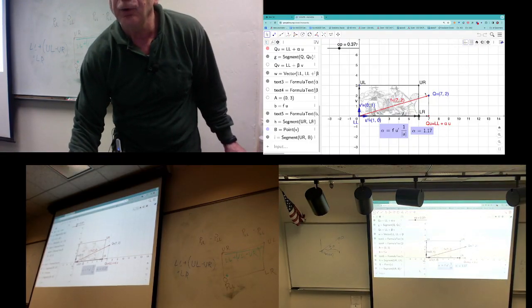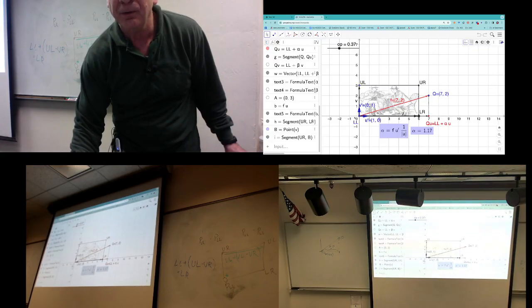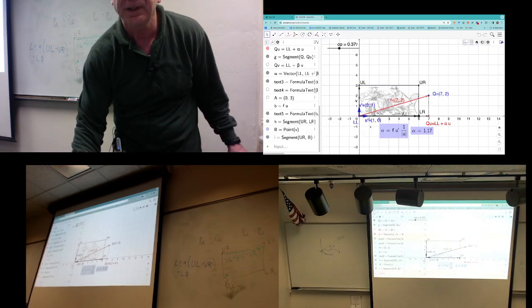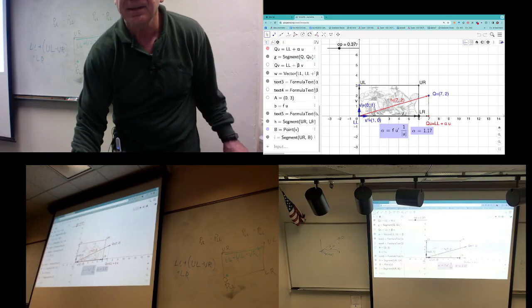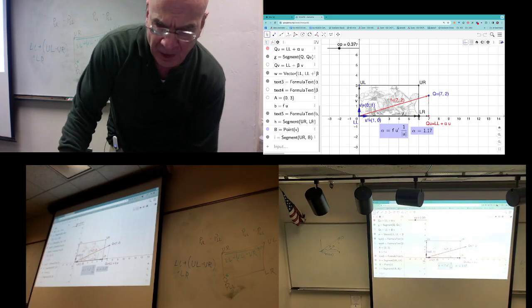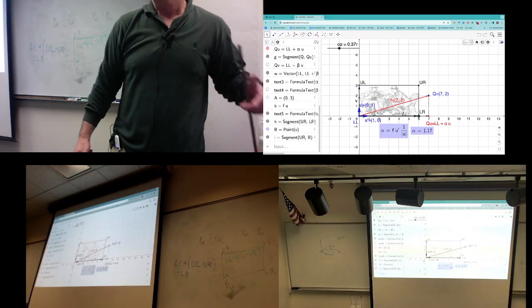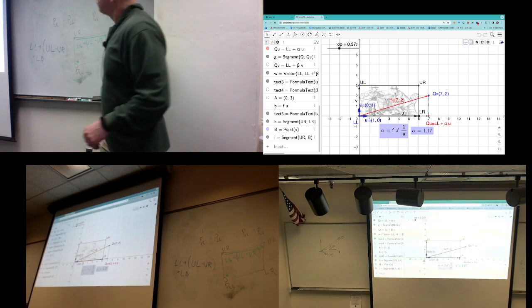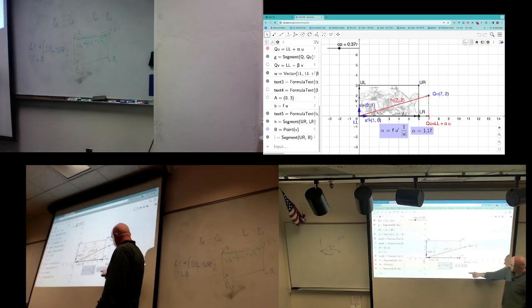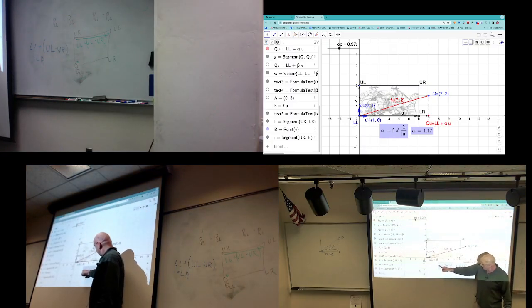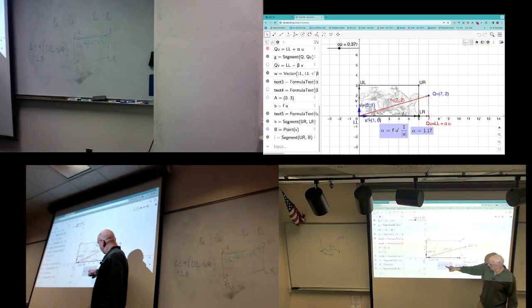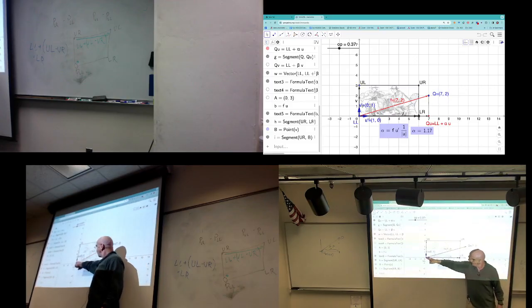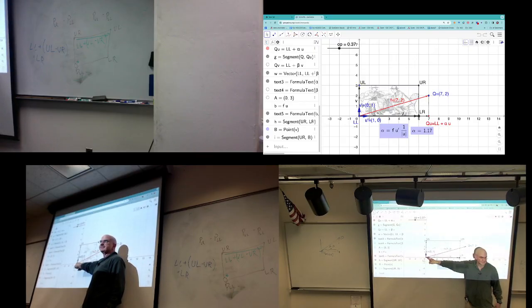So here is Q, as you've seen before. In this case, U and V, for convenience, are just the X and Y directions. I want to compute a value alpha, which I'll define as follows. Alpha is F, what is F? I'll take Q and connect it to the lower left corner.